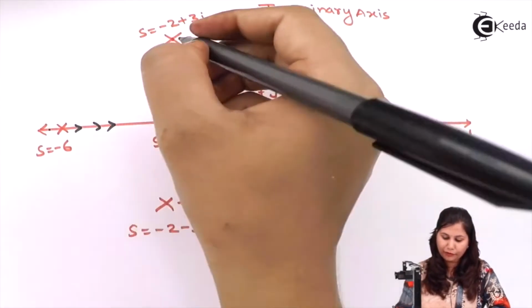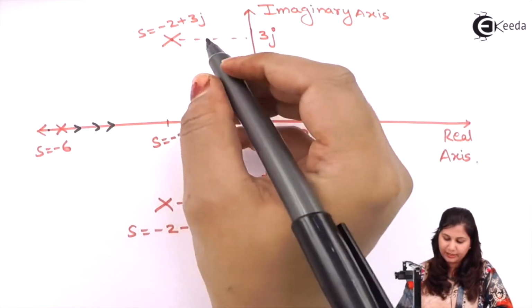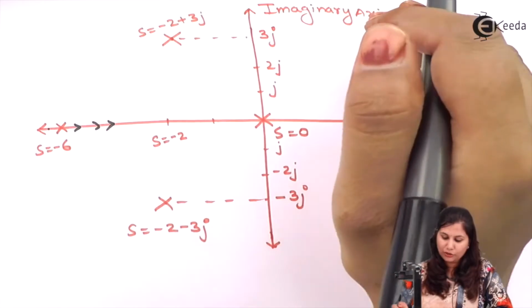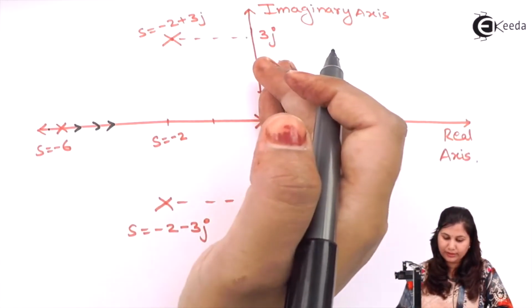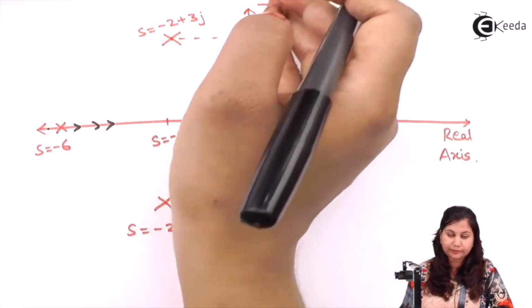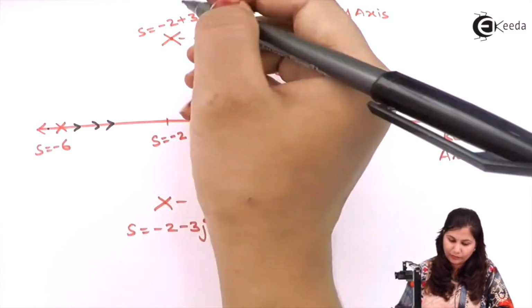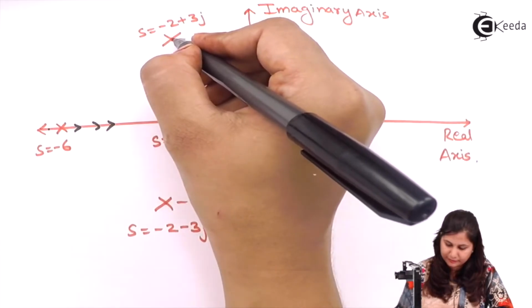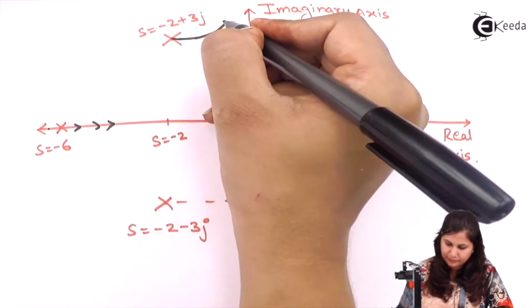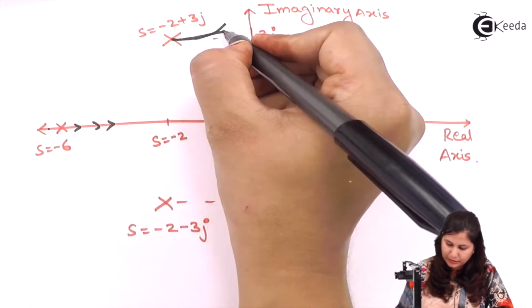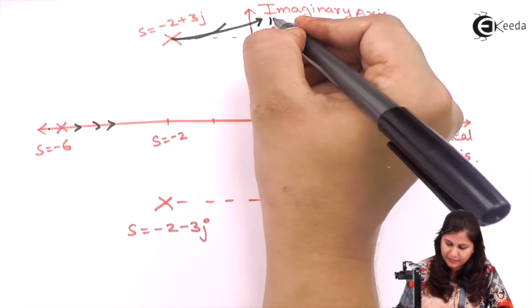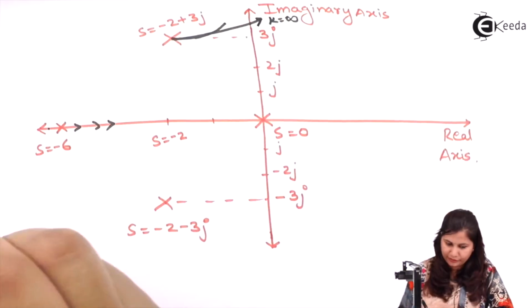Now for this pole, if we take, the number of poles and zeros will be 1 on the right hand side. So the direction of root locus will be towards this point. So it will go towards this. We go in this direction, and it is k equals to infinity.